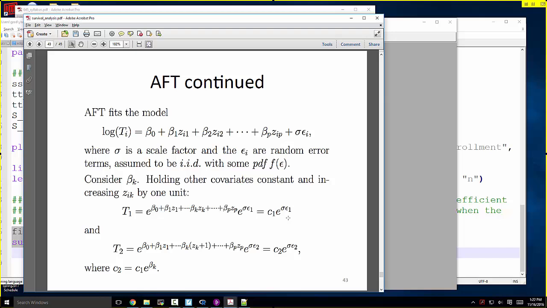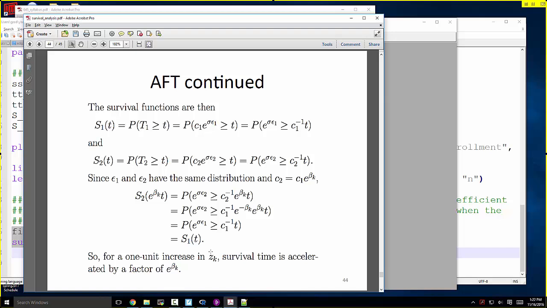So you interpret the beta k's as an acceleration factor. We're saying that we have this accelerated failure time model: S1 of t equals S2 of some constant times t. And what it works out to be is that that constant times t is e to the beta k.